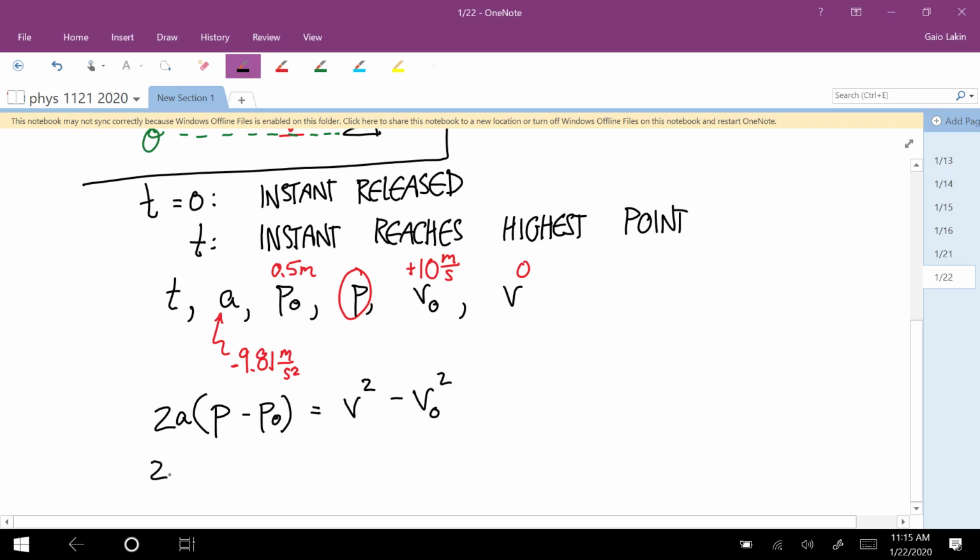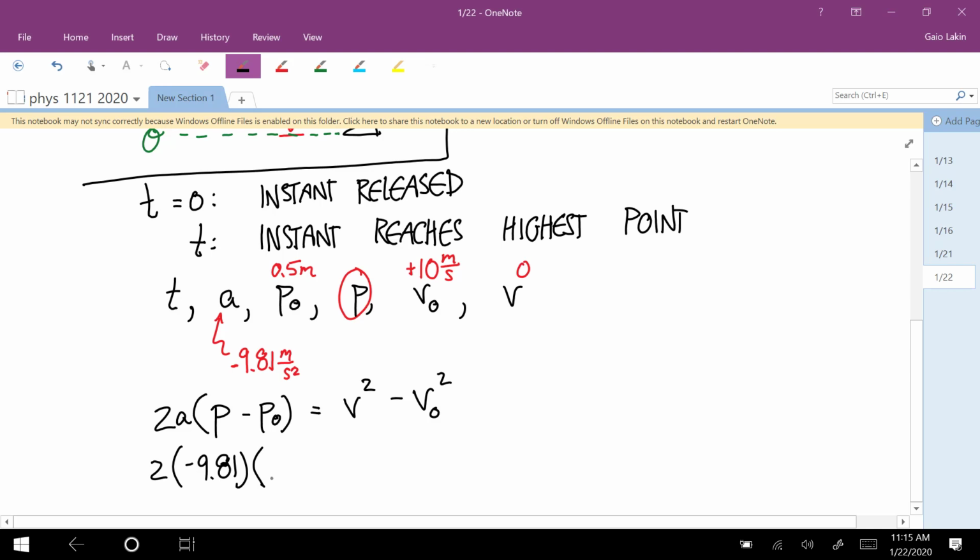And so we have 2 times negative 9.81. Now all the units are in SI units, so I'm just going to leave the units out until the final answer. You could carry them through and the units would all match in the end if you do it right, but I don't need you to do that.